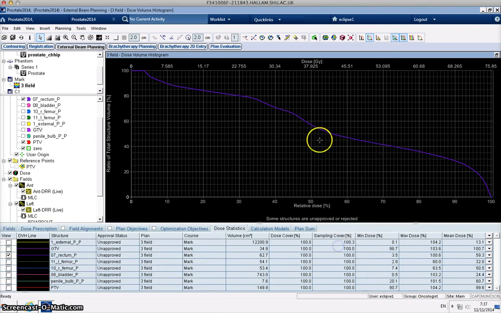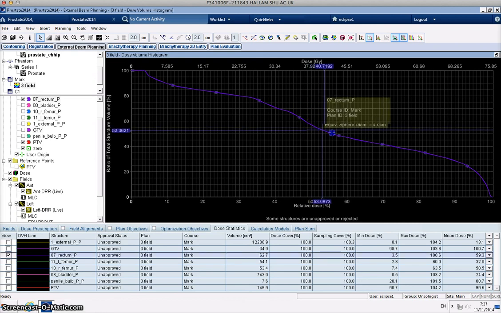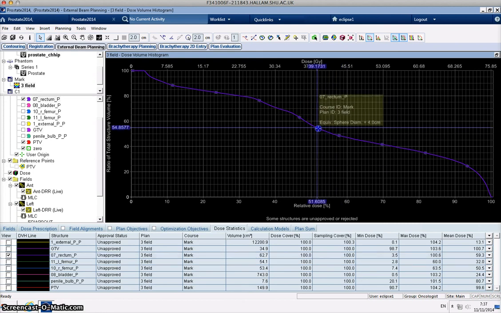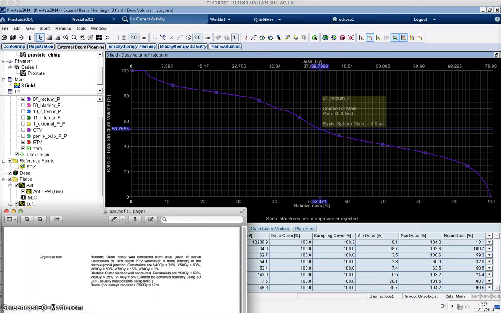If we right click and show crosshairs, it brings up this little crosshair, and we can follow the line by holding down the left mouse and track along to find 40 Gy. There's 40 Gy there, and we can see that we're getting 53%, so that's less than 70%, and we're happy with that.